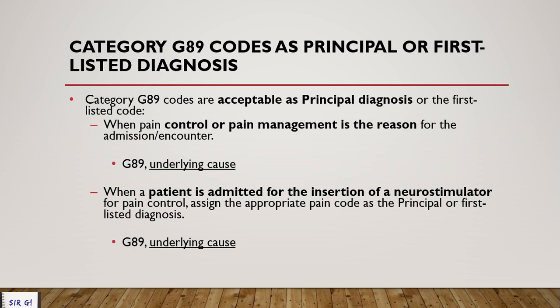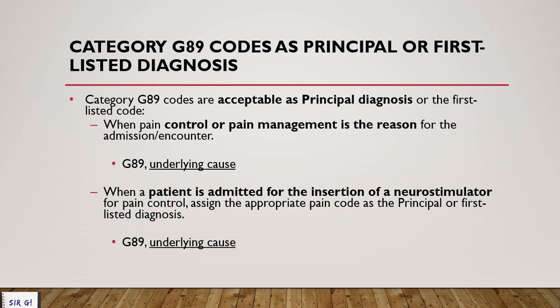So let's start with category G89 codes as principal or first listed diagnosis. Again, in the exam, they love to ask about your sequencing, guys. Category G89 codes are acceptable as principal diagnoses or first listed when the reason for encounter is for pain control or for pain management.